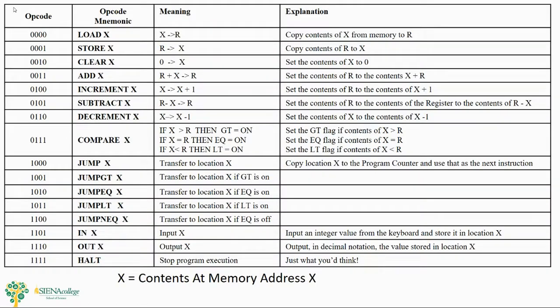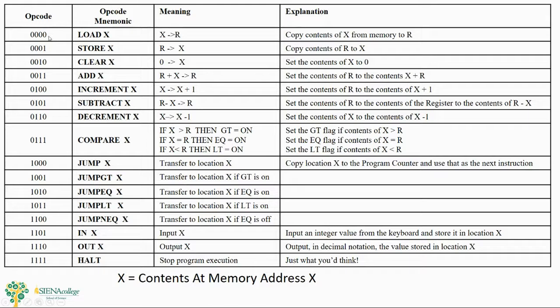You should have in front of you the machine language instruction set printout. You can either have printed it out or have it on the screen. As you can see, there are 16 different instructions here, 16 opcodes, 16 mnemonics. They're numbered from binary 0 through binary 1111, 0 through 15. Each opcode represents one mnemonic.